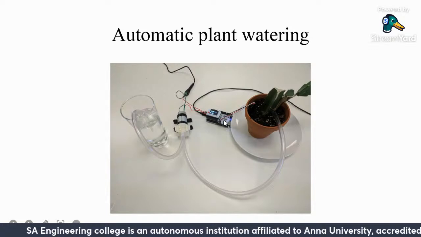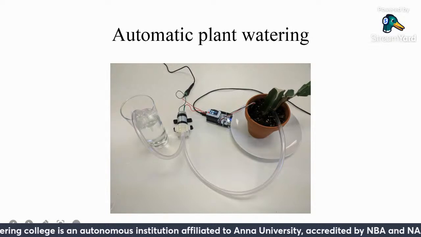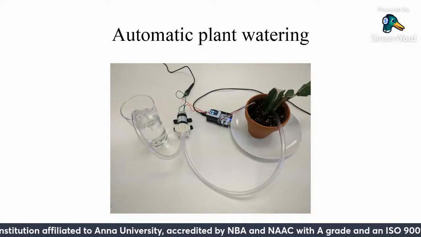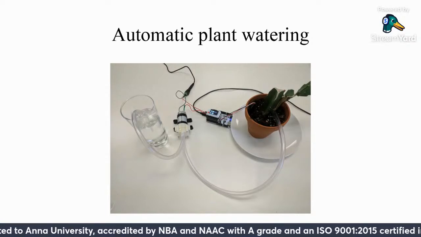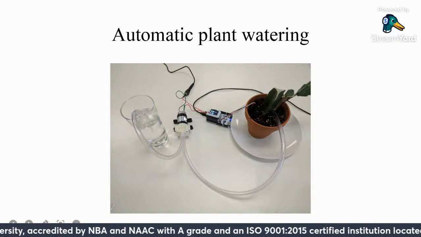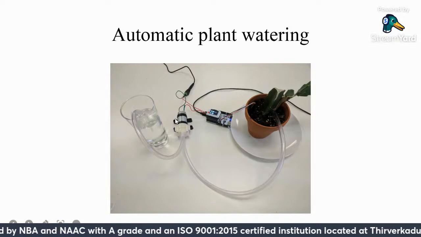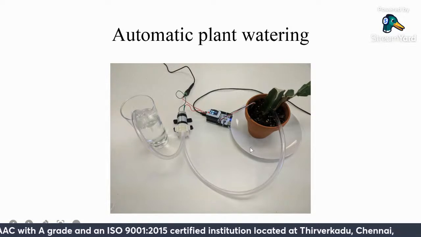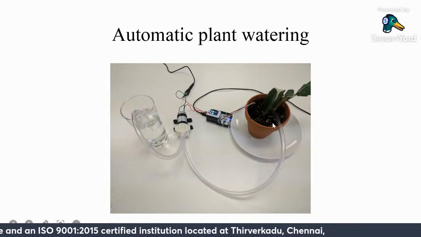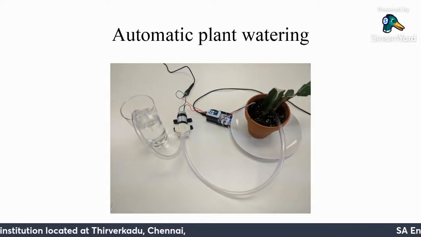Then by means of this controller, if the moisture level is above 80 percent, then the corresponding pump will be turned on to supply water to this plant, such that the plant gets watered.